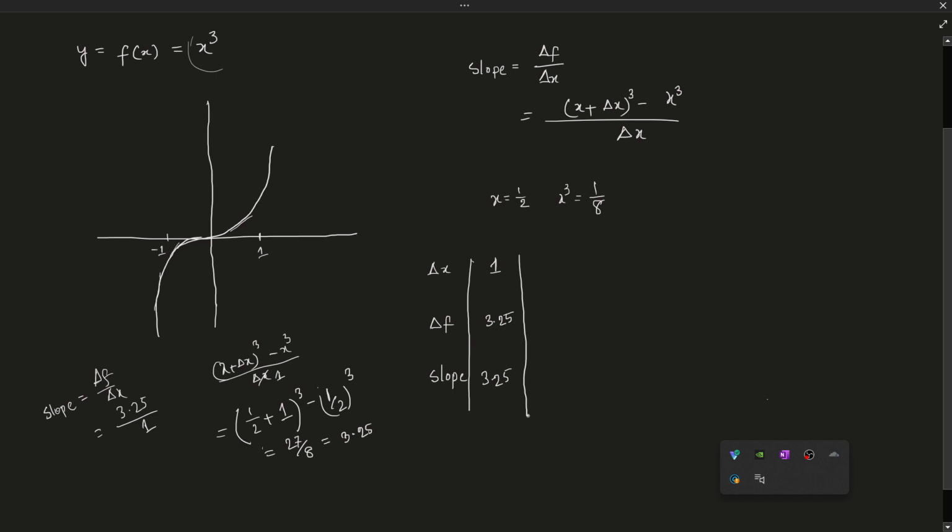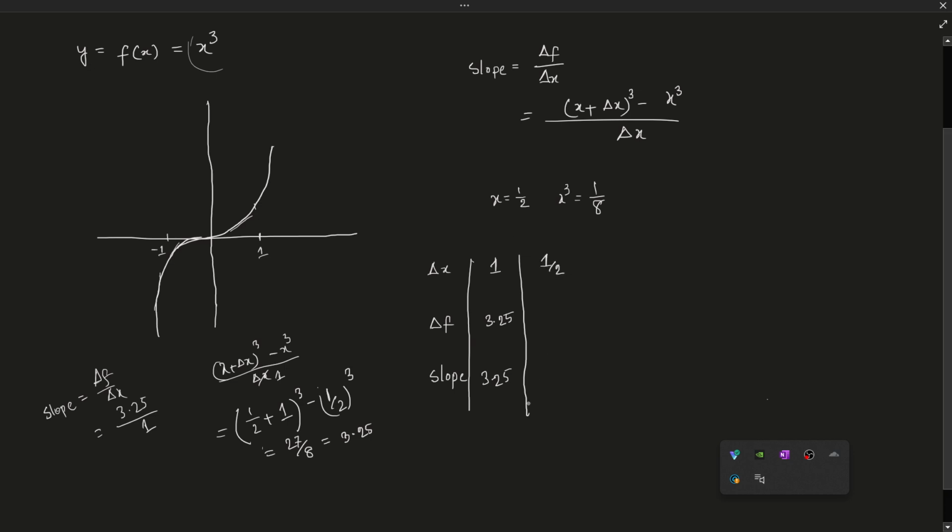Now moving on, if we decrease the interval, the point will be something like this. Suppose del x is half now.